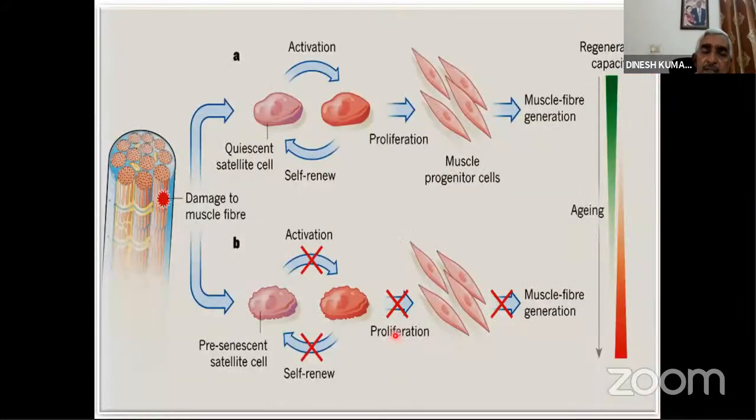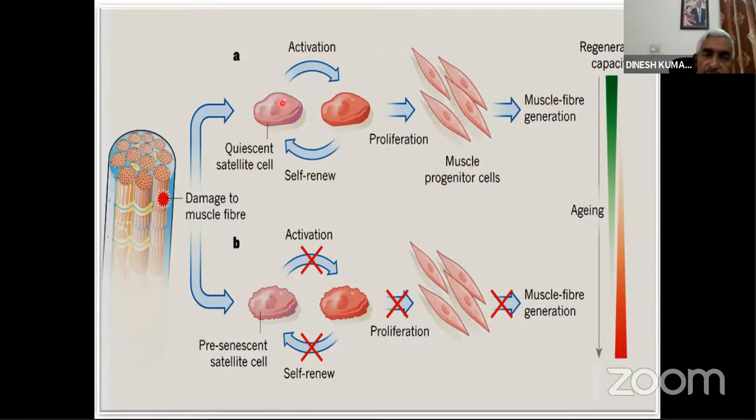Let us see. Here you can see a muscle cell, and in muscle, the satellite cell, as I have told you, is the stem cell of muscle. In the young stage, if there is any damage in the muscle, the satellite cell activates and renews itself, and also forms cells which differentiate into muscle cells, and muscle fibers are generated.